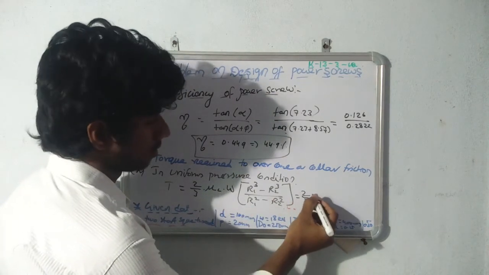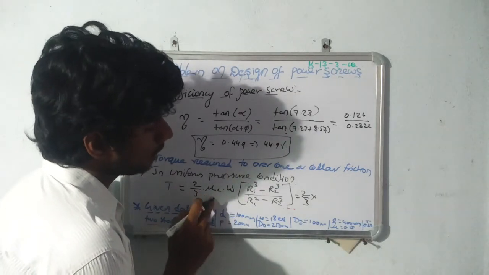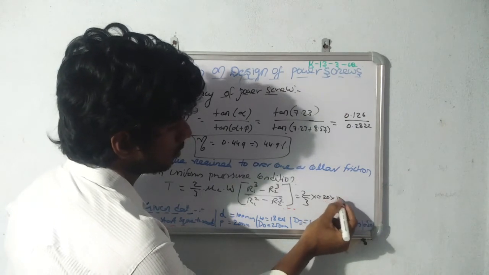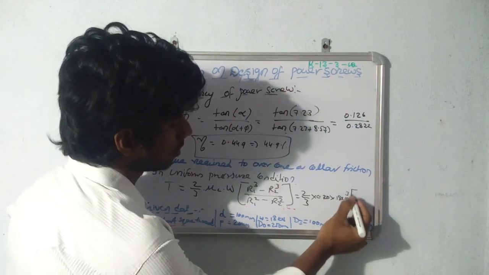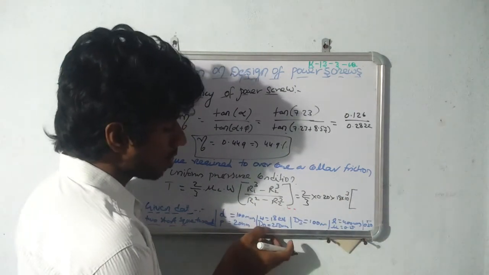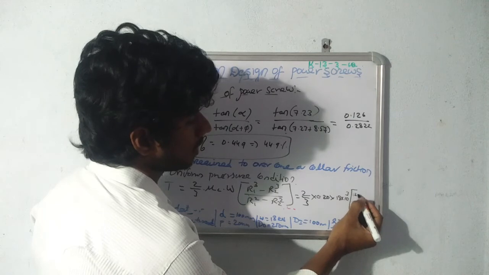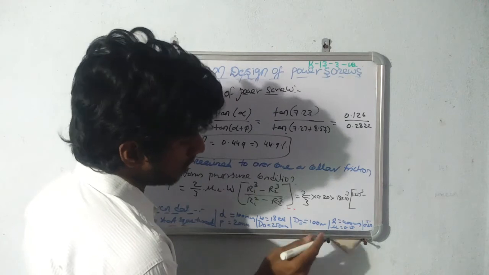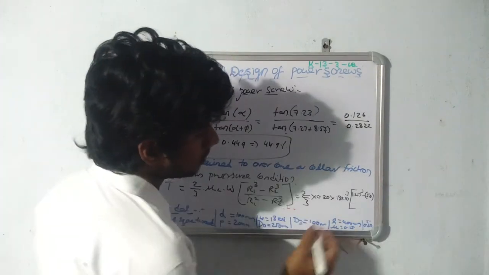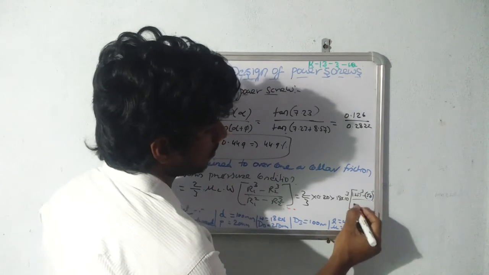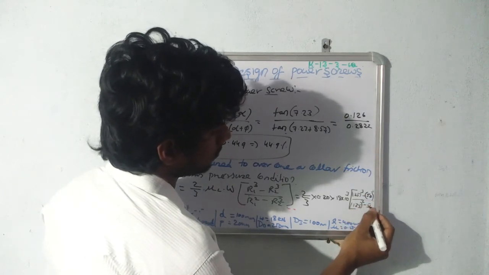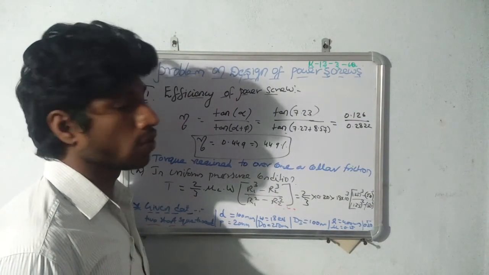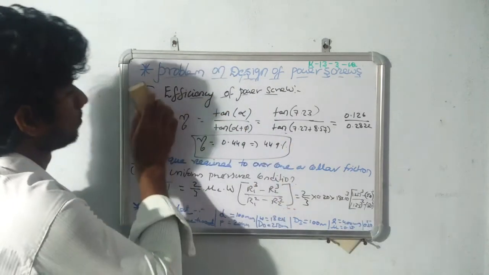2 by 3 into mu c, the coefficient of friction in the collar, 0.20, into 18 into 10 to the power of 3. Here the outer diameter is 250, so the radius is 125, cubed, minus the inner diameter 100, so the radius is 50, cubed, divided by 125 squared minus 50 squared. By simplifying this, we get the torque required to overcome collar friction in the uniform pressure condition.